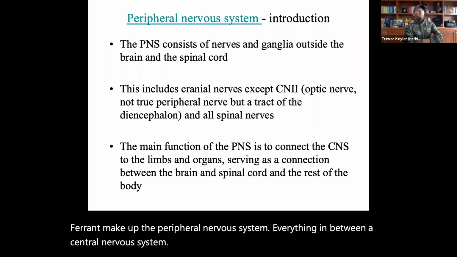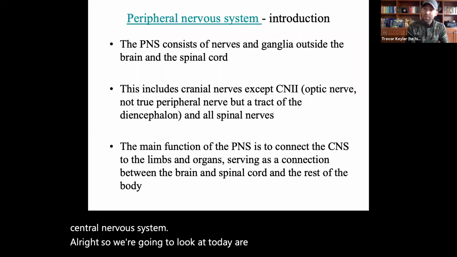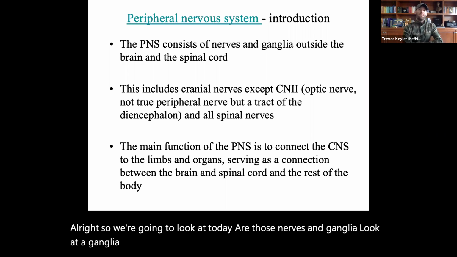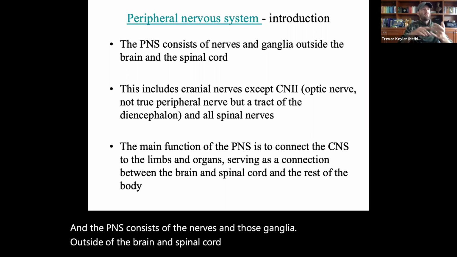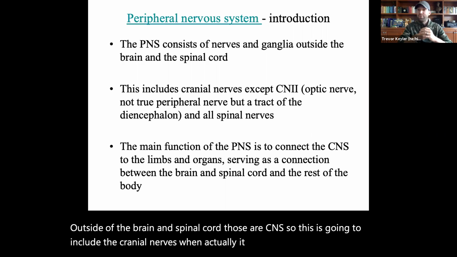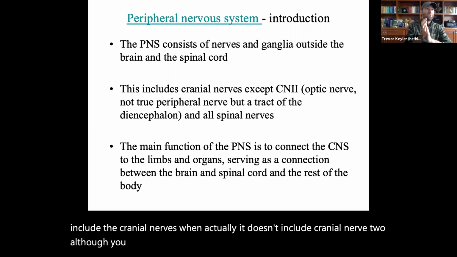All right, so what we're going to be looking at today are those nerves and ganglia. We'll look at a ganglion in a second. That's a clustering of cell bodies. The PNS consists of the nerves and those ganglia outside of the brain and spinal cord. Those are CNS. So this is going to include the cranial nerves, and actually it doesn't include cranial nerve 2, although you will learn it, which is the optic nerve, and all of these spinal nerves.